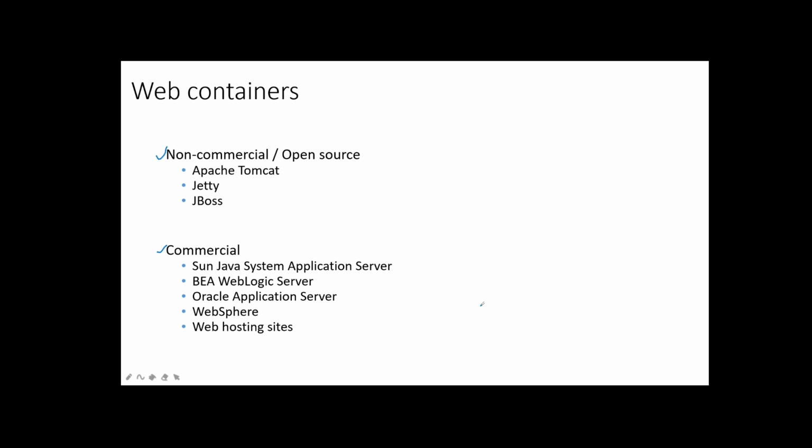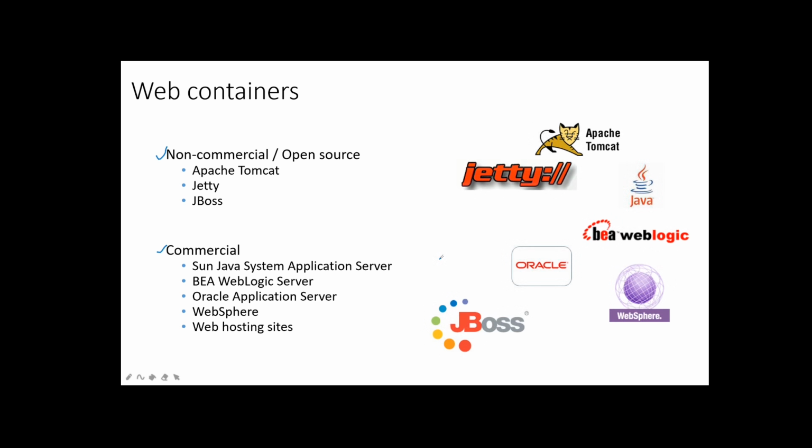It is beginner friendly in creating your own web applications. These commercial web containers here are of course not for free, so you might have to pay for a plan or pay for how many months you would be able to use it.